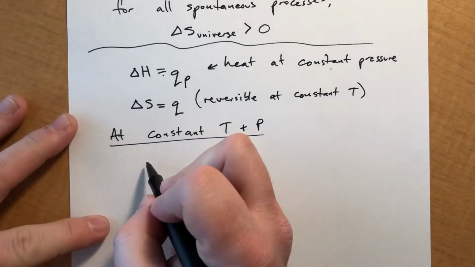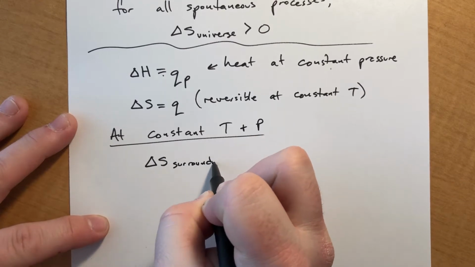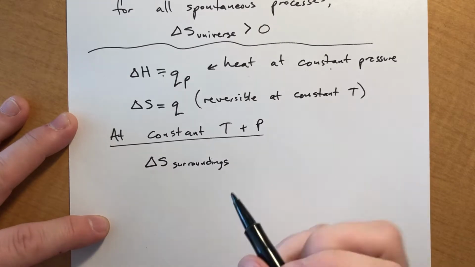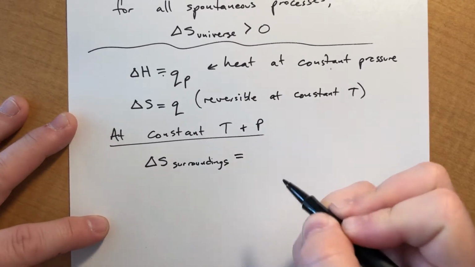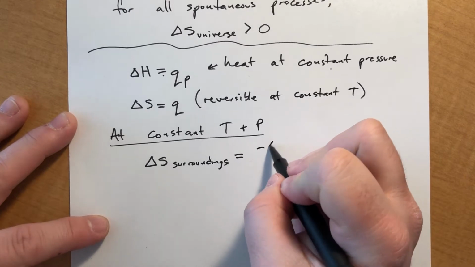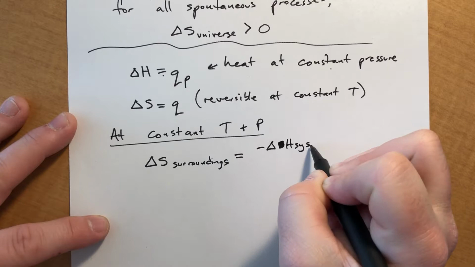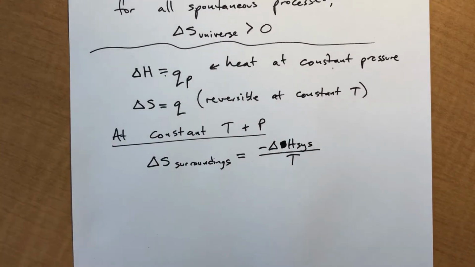Okay. The delta S of the surroundings, meaning, if you've got a beaker full of reaction going on, everything that isn't in that beaker, can be summarized as negative delta H of the system divided by the temperature. Okay, you have to trust me that that is true.